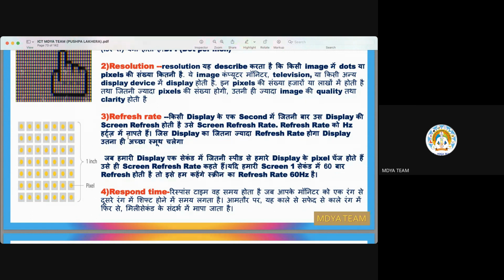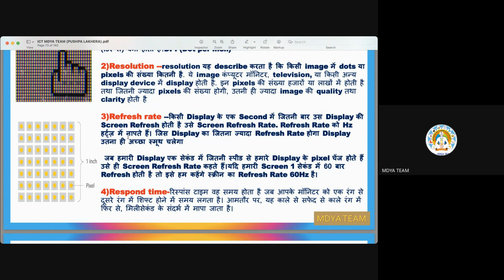Then refresh rate. Refresh rate is how many times the screen refreshes itself in 1 second. So that is the refresh rate.